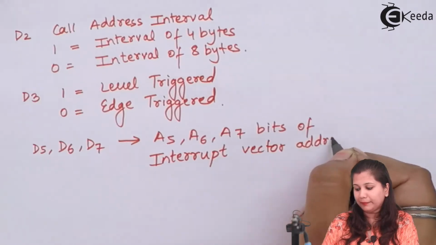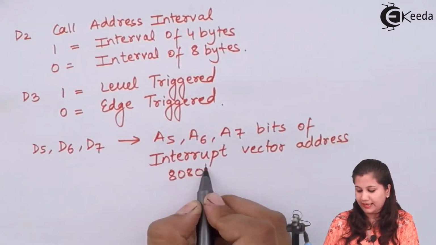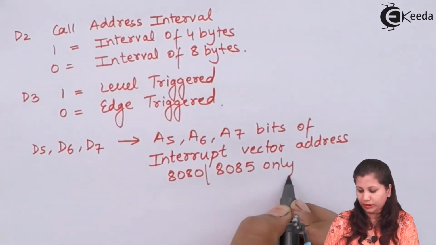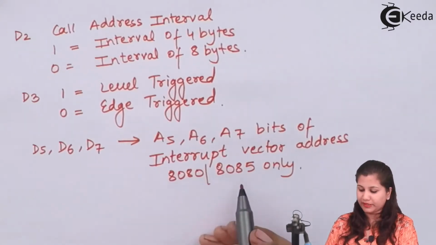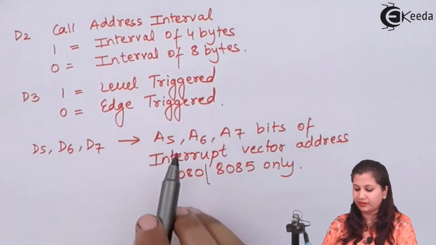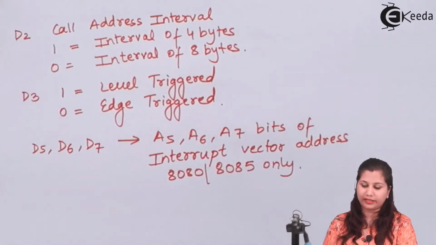And this is applicable only for the microprocessors 8080 and 8085. So for these two microprocessors only, D5, D6, D7 will represent the A5, A6 and A7 bits of the interrupt vector address.